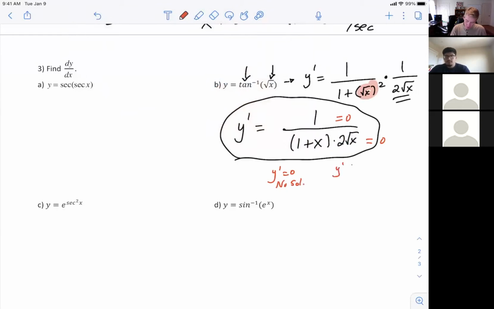And when does y prime not exist? Well, if x was 0, that would cause the bottom to equal 0. Or if this equals 0, so that would be x equals -1. Also, x equals 0. That's where the derivative does not exist.